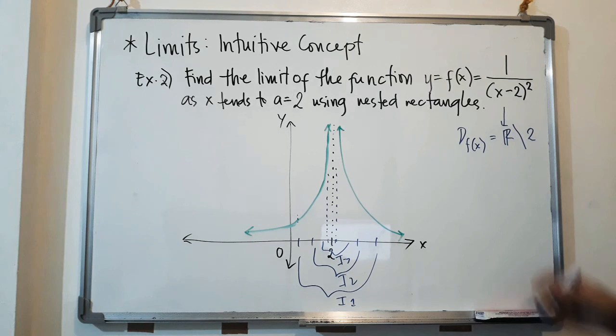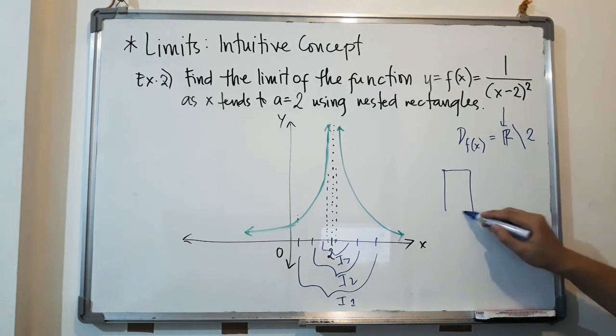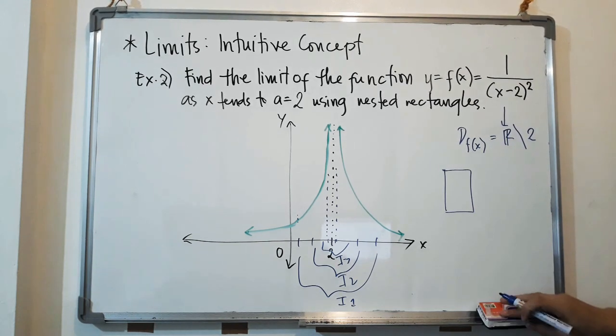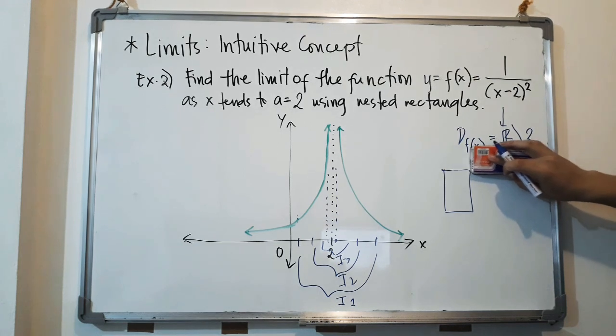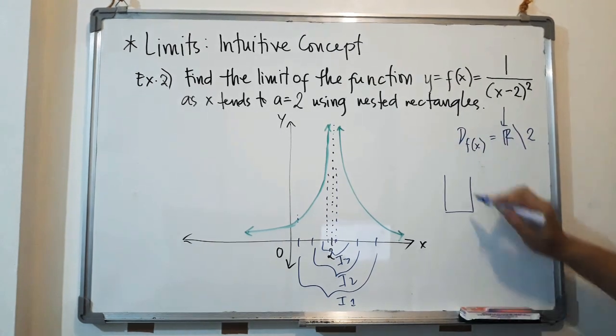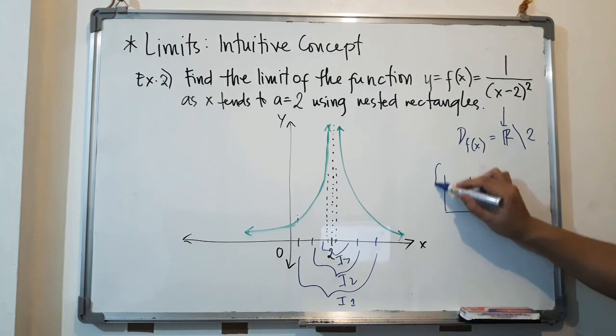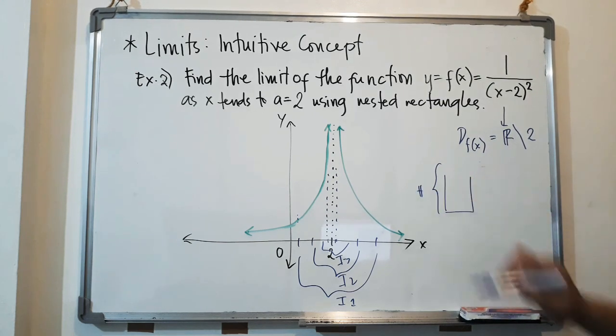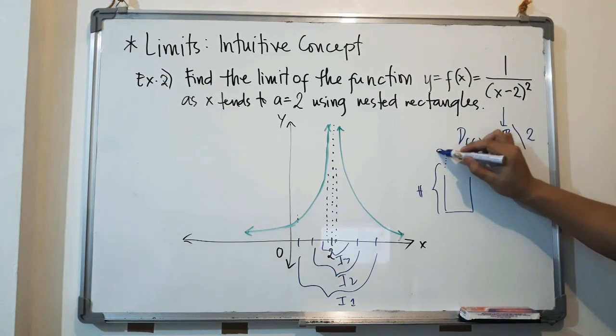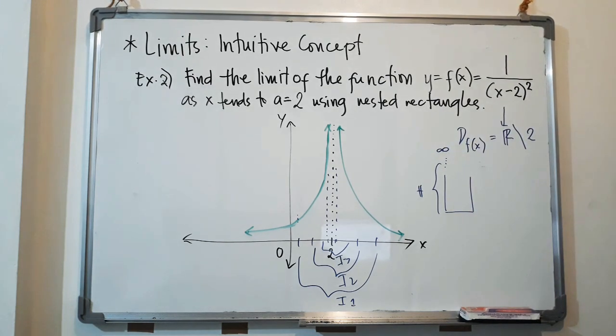Pag sinabi natin bounded, naku-close siya, kumbaga, yung concept ng rectangle, naku-close natin siya. But in this case, hindi natin ma-determine yung height ng rectangle. Why? Kasi it extends to infinity. So, it's not bounded.